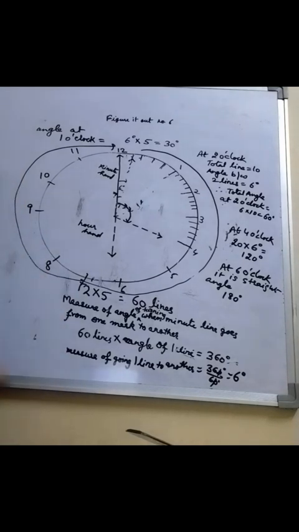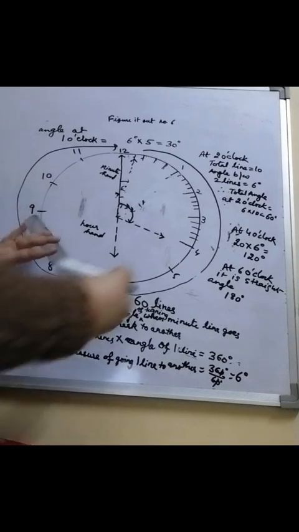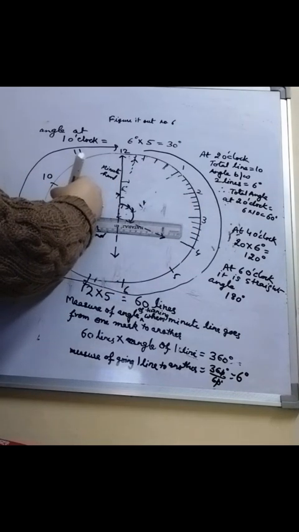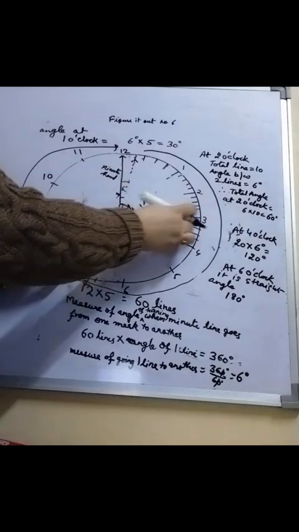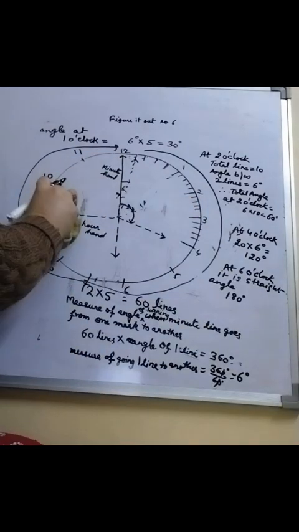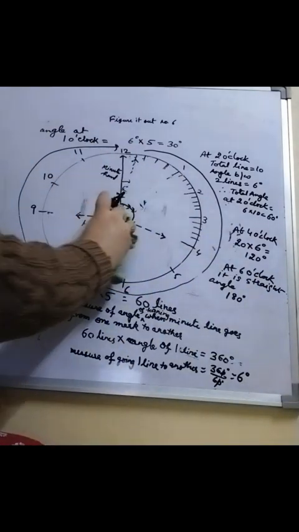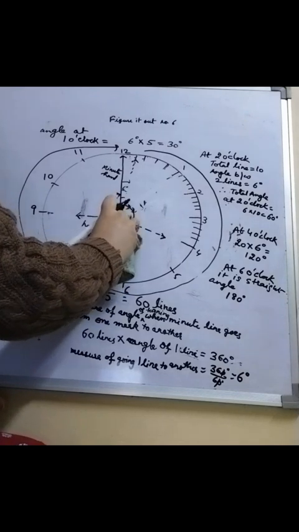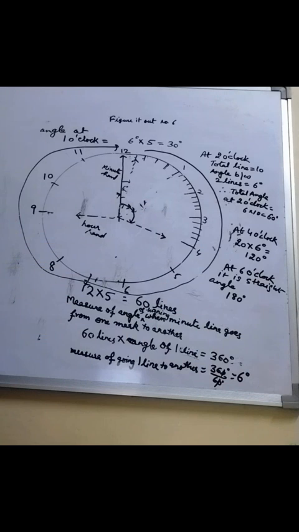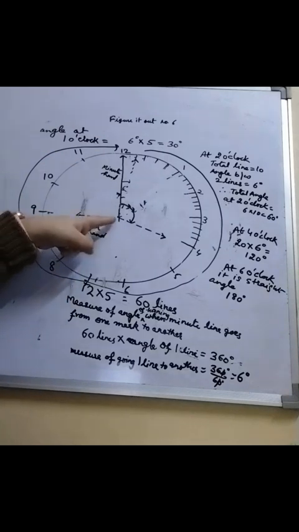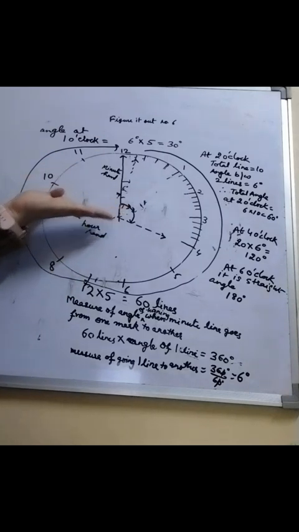So we can take any other time, say the hour hand goes to 9 o'clock. Now in this case, what is the angle between your hour hand and minute hand? Now the hour hand has moved to the left side.